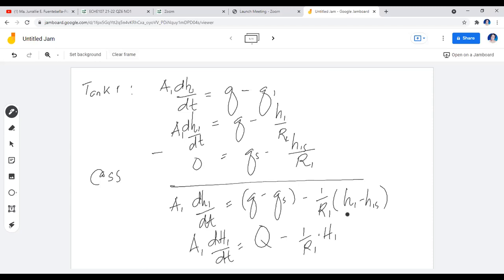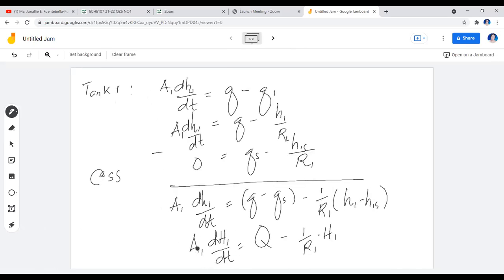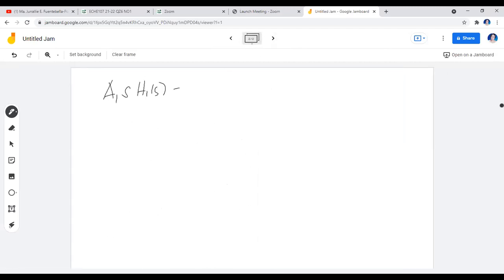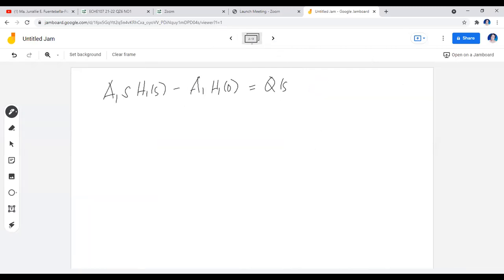Now, if we take the Laplace transform of this expression, we will have A1 s H sub 1 of s minus A1 H sub 1 at 0 for the first derivative, equal to Q of s minus 1 over R1 H sub 1 of s.